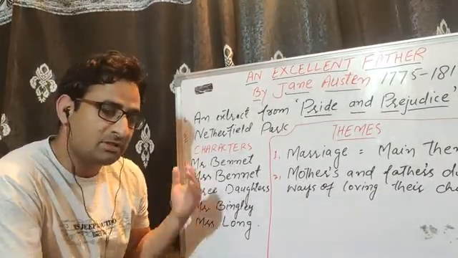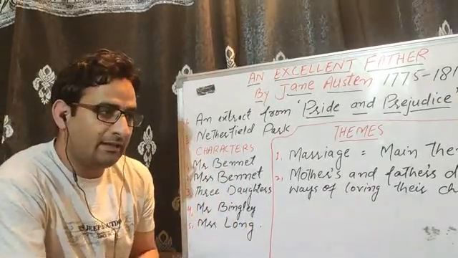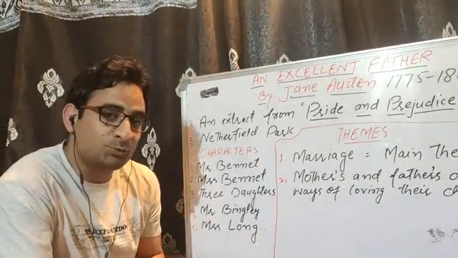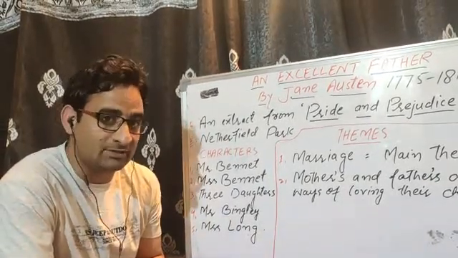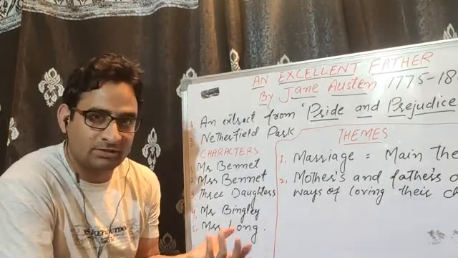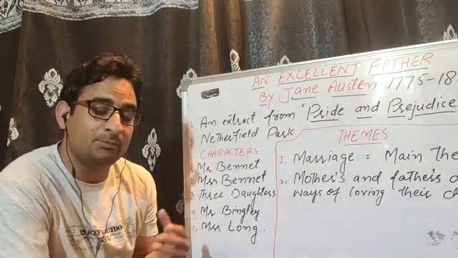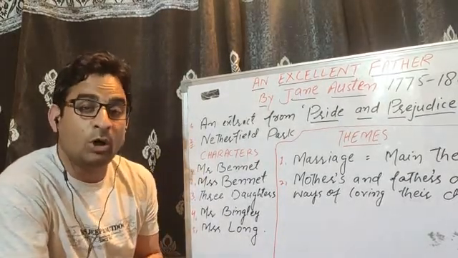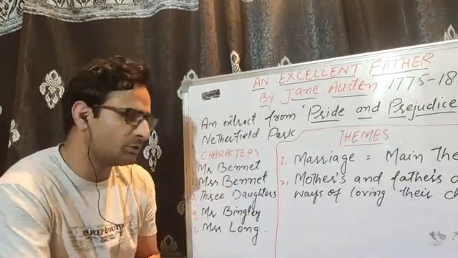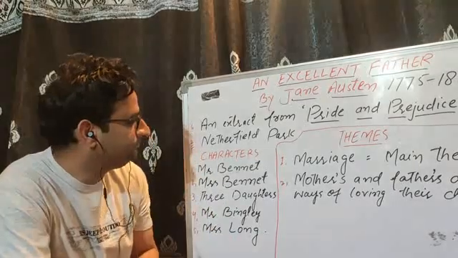As we know, Mr. and Mrs. Bennet had no son, they had only daughters, and that's why Mrs. Bennet was very much worried about the fortune of her daughters, because property cannot be owned by them, and she feared that their property might be owned by any of their close relatives. That's why she wanted her daughters to get married to some rich person.